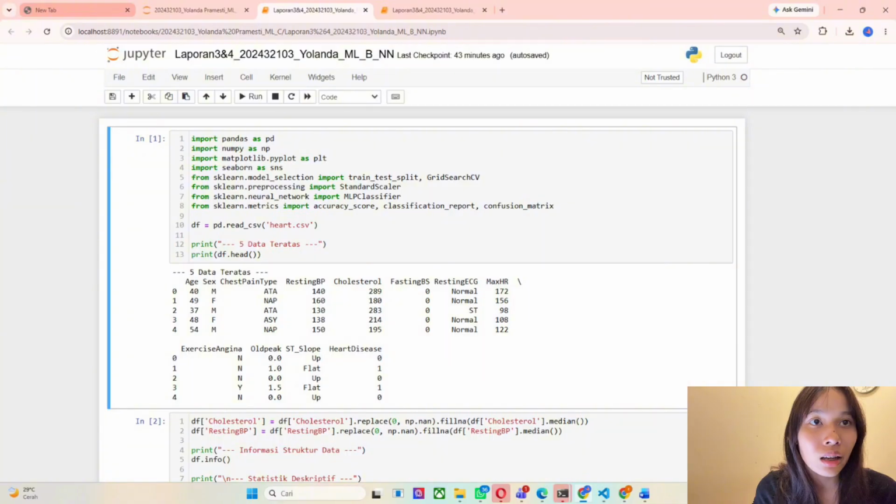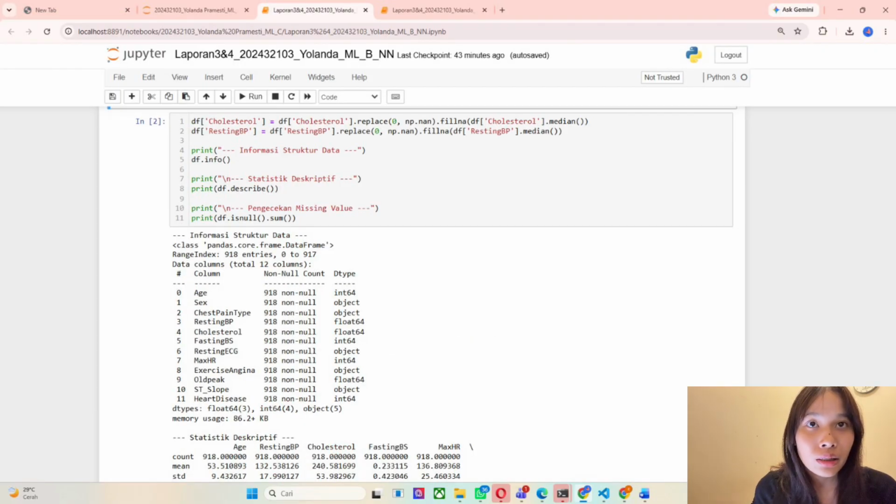Clinically speaking, a living person cannot have a blood pressure or cholesterol level of 0. Therefore, I treat these zeros as hidden missing values, replace them with None, and impute them using the median value of each respective column to maintain the dataset's natural distribution without introducing bias.